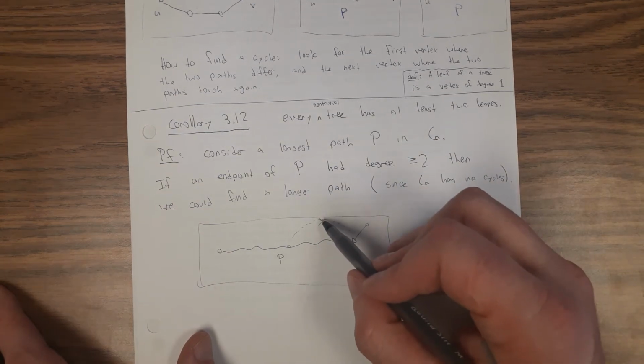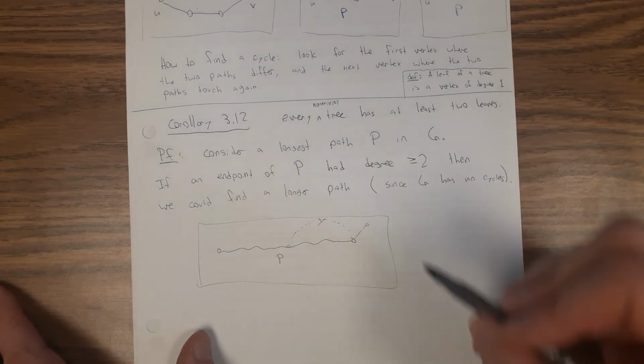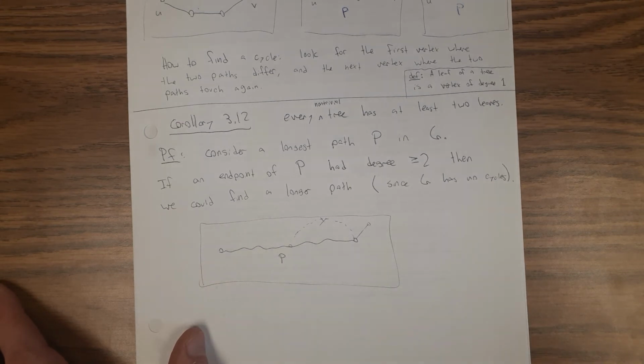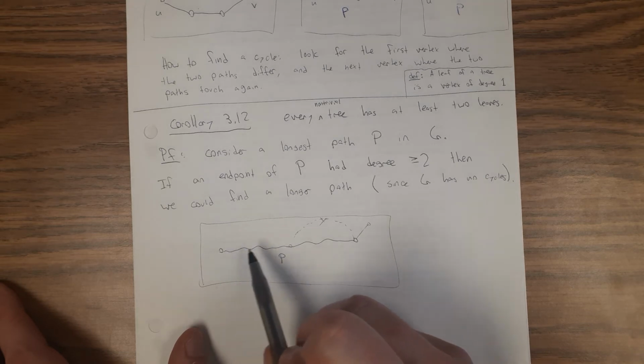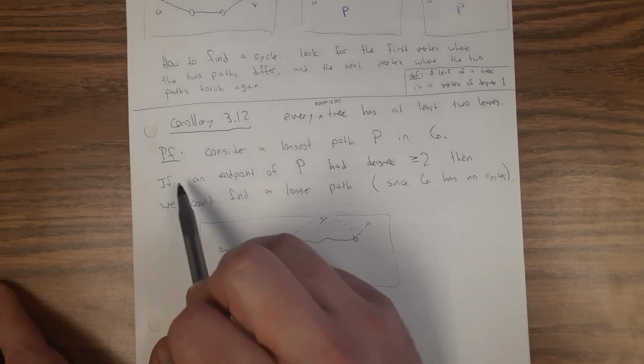So that can't happen. So if it has another neighbor, it must be something off of the path. It must be a brand new vertex. But then look, here's a longer path. I'm not supposed to be able to find a longer path than P. So that's what I said in this picture.